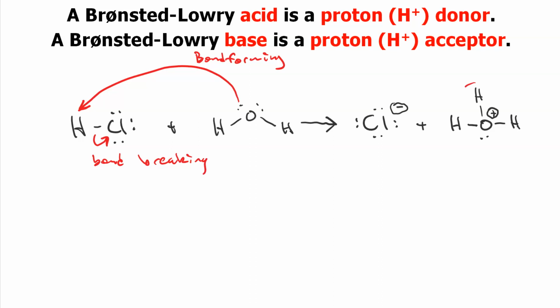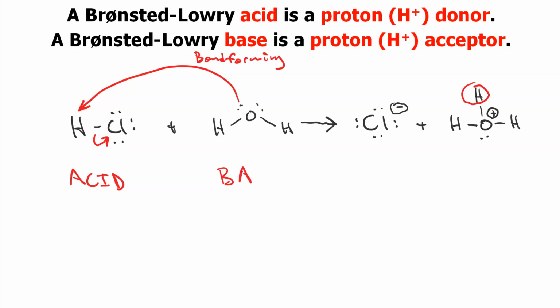And now, this hydrogen over here on the right-hand side is this hydrogen that came from the acid. Okay, so let's identify what was the acid and what was the base. The acid is the proton donor. So HCl is the acid. And the water is taking a proton from the acid, so it is the base.